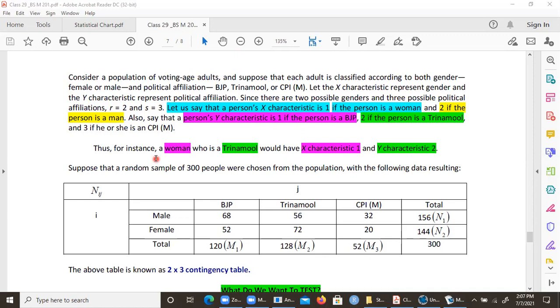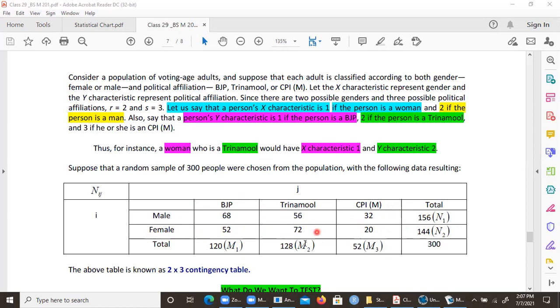Then by asking them individually, if they tell the truth, we can get a glimpse of their affiliations towards a political party. From this we come to know that 68 males out of 300 are politically affiliated to BJP, and 32 males out of 300 are affiliated to CPIM.